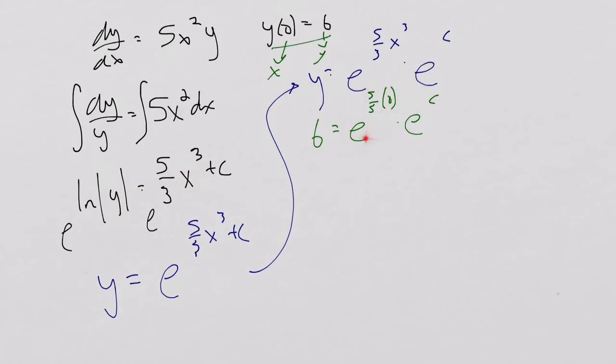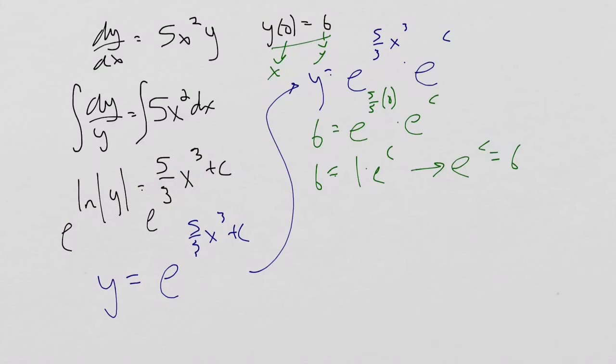Anything to the 0 is going to be 1. Well, anything but 0 to the 0 is going to be 1. So I get 1 here, which gives me 6 equals 1 times e to the c, which you should see gives me that e to the c is just 6.